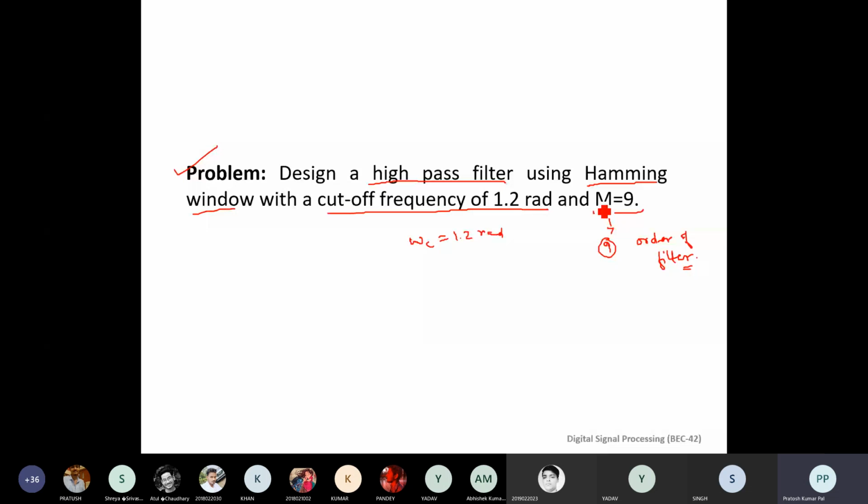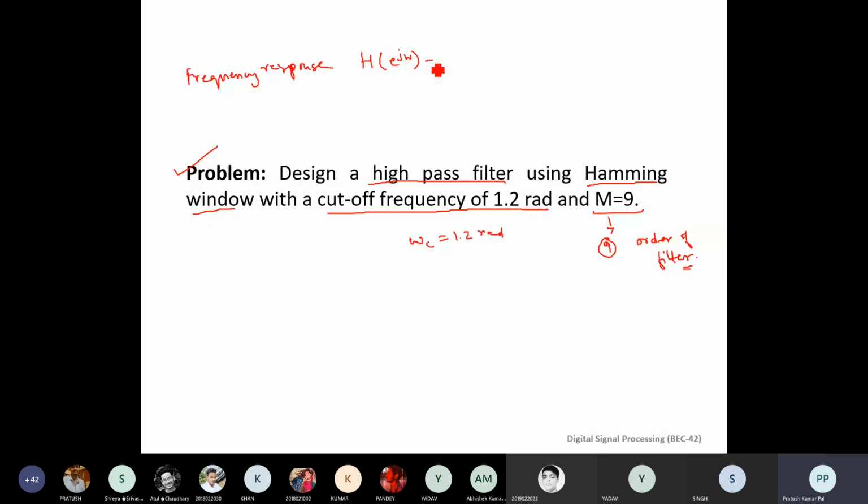Once the cutoff frequency and the order of the filter are given, before starting filter design we should have the frequency response of that filter, in terms of H of e to the power j omega.